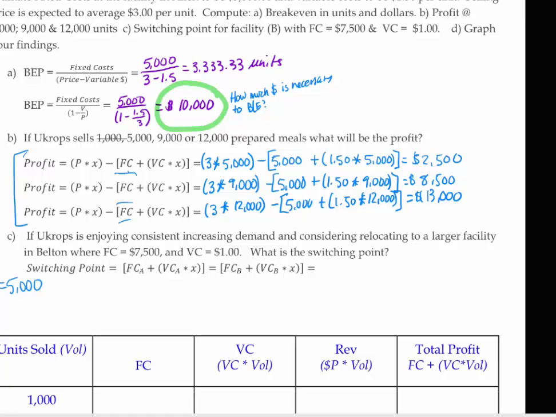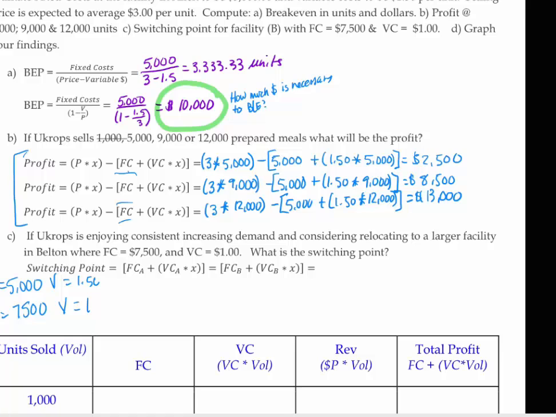And then our fixed cost for process B is this new place, 7,500. But the variable costs at the new place are only $1. And the variable costs, of course, with the other one are still $1.50. So it might become cheaper at some point to use the other process.